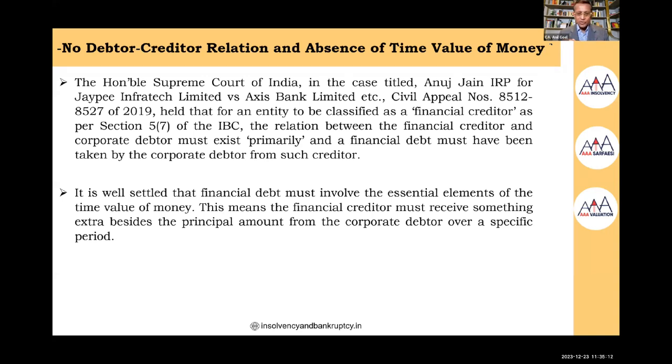That extra is not coming. The corporate debtor has only given one asset to another entity, and whatever is recoverable from that asset, that lender will recover. In case the lender is not able to recover, there is no recourse on the corporate debtor. When there is no recourse, that means there is no guarantee and no indemnity. That means the definition of Section 5 subsection 8 is not applicable to this particular example that we are discussing.